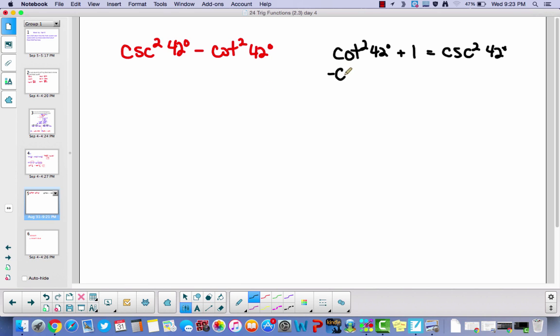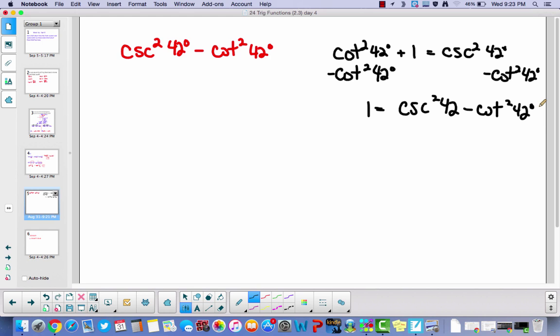Well, if I subtract the cotangent squared of 42 degrees from both sides, I get that 1 is equal to the cosecant squared of 42 degrees minus the cotangent squared of 42 degrees. That's what I have here. What does that equal to? It equals 1. You're not going to see a lot of variation in answers, but you're going to see a lot of variation in terms of the problems.